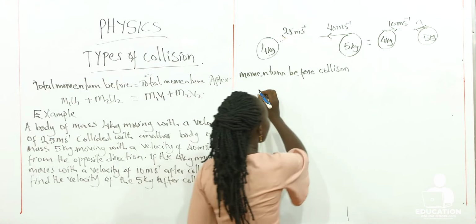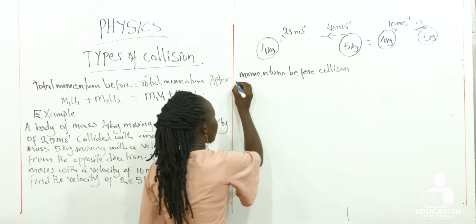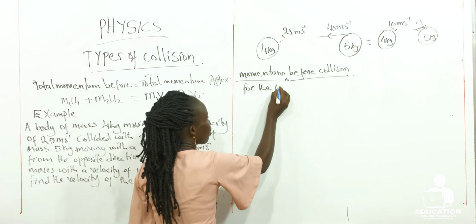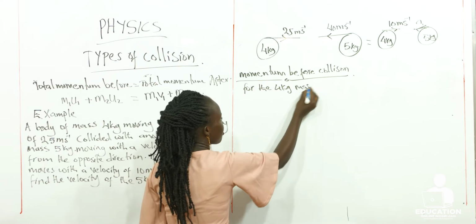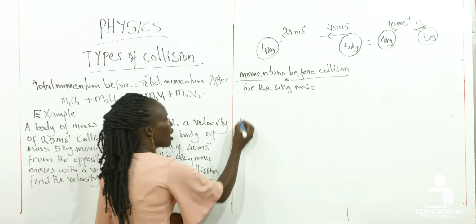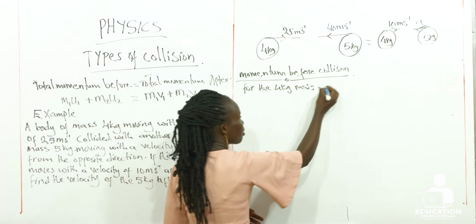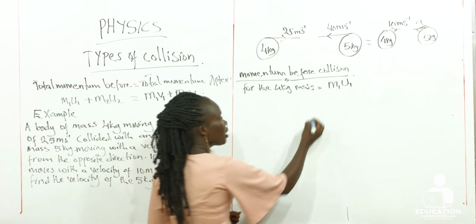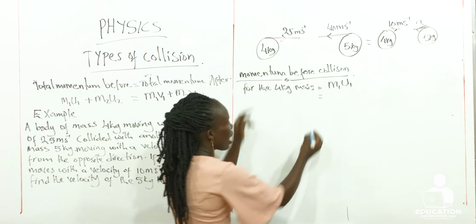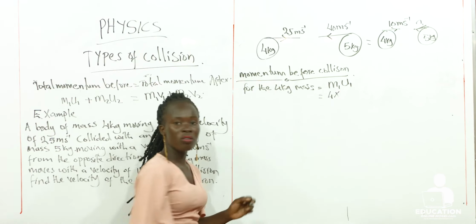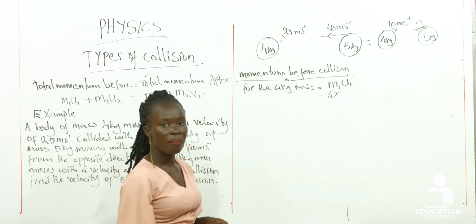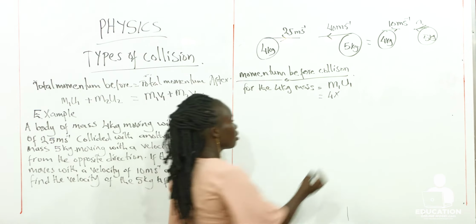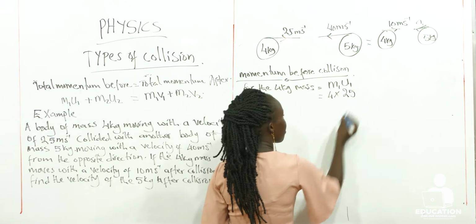So the momentum before collision, we are going to first get for the 4 kilogram mass. We have M1, U1, its velocity. The mass of this body is 4 kilogram, and the velocity with which it was moving is 25 meters per second.